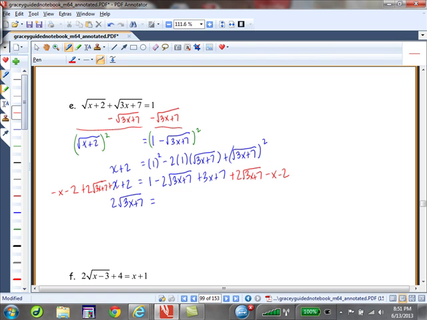So negative x plus x is 0 x's. Negative 2 plus 2 is 0. And when I simplify on this side, the radicals zero out as we planned. 1 plus 7 is 8. 8 minus 2 is 6. And then I'm also going to have some variable terms.